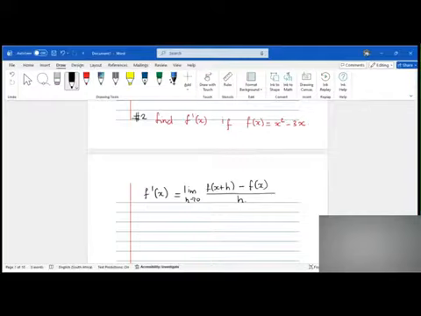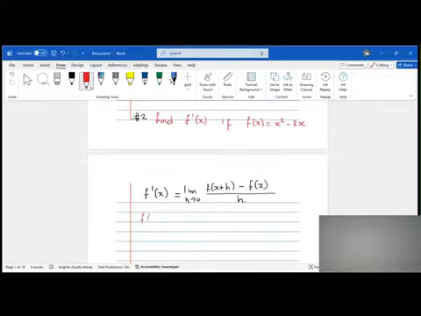Then we are going to try and do the very same thing that we did with the previous example. So we'll try to evaluate all these parameters, your f of x plus h.